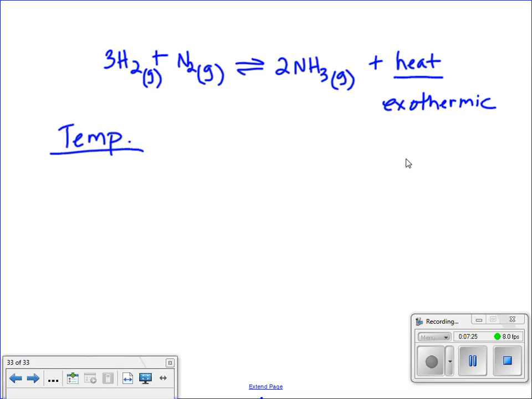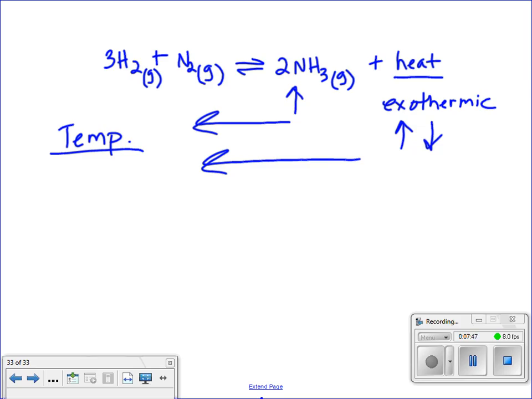So if I were to increase temperature, so if temperature were to go up, equilibrium would shift to the left. Just like if I increase the concentration of this, equilibrium would shift to the left. If I decrease temperature or take heat away, it's like removing a product.